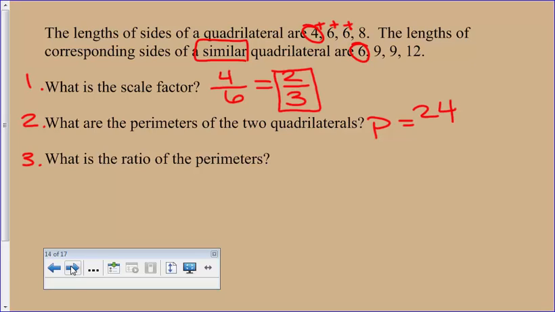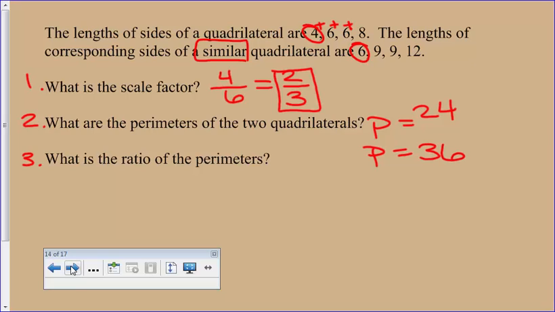And then the perimeter of the other, just adding up 6 plus 9 plus 9 plus 12, you get 36. So the perimeter of the one is 24, perimeter of the other one is 36, okay?